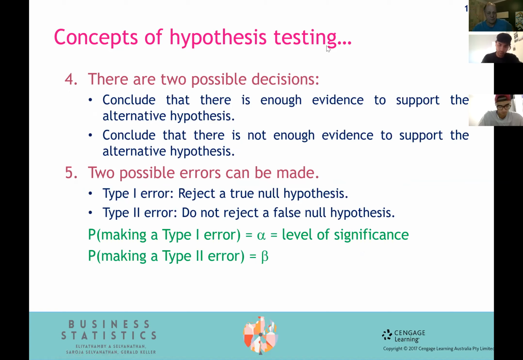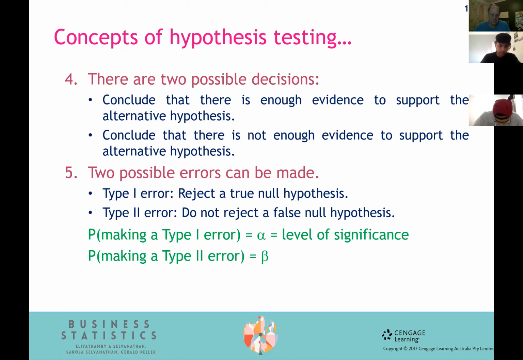There are two possible decisions: there's enough evidence to support the alternative hypothesis, or there's not enough evidence. Try and put this in your memory as well. Enough evidence, not enough evidence. And it's always about the alternative hypothesis that you're looking for evidence.